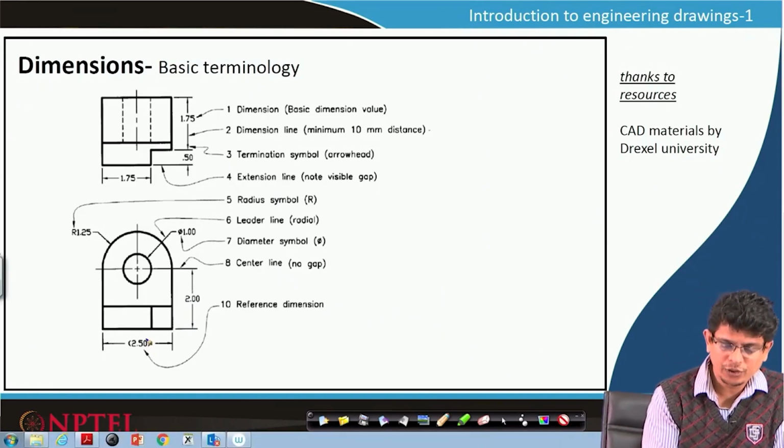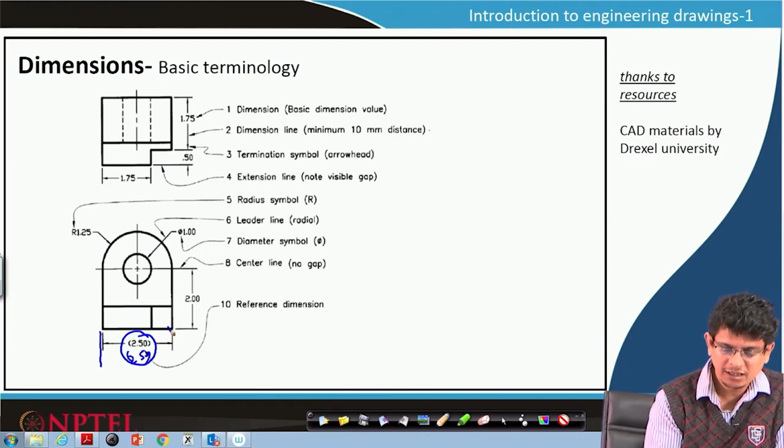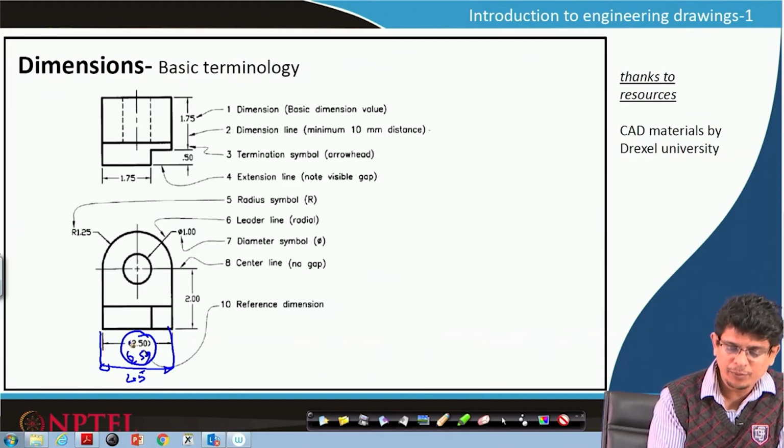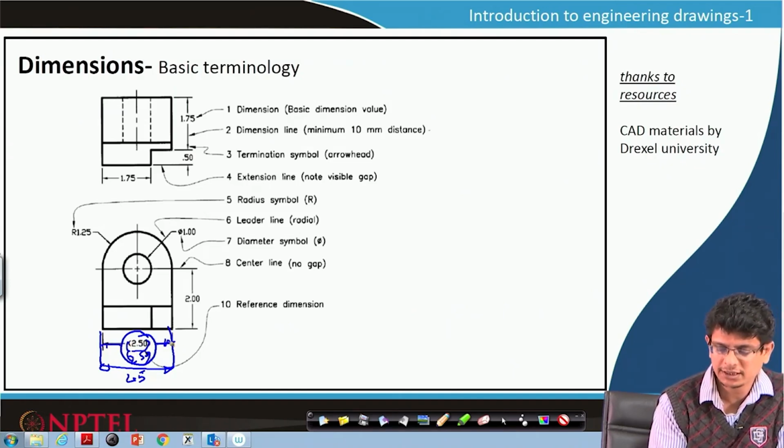Whenever we would like to represent reference dimensions, we use that parenthesis and 2.50. It indicates that this length supposed to be 2.5. Maybe in the drawing it might not be 2.5, but whenever people would like to simplify these dimensions, just to represent, they use these parentheses with the number 2.5 and arrow heads.